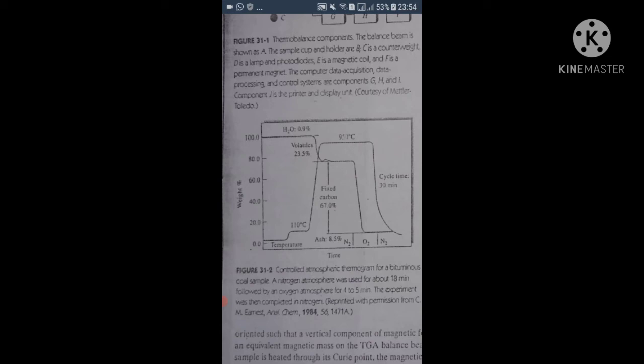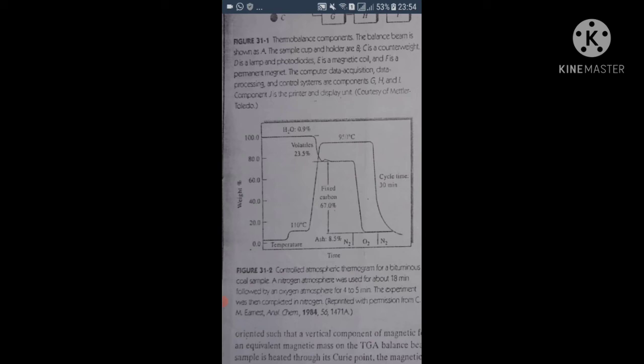Actually, when we measure the moisture and volatile content, we do not want to ignite the sample. That's why we provide a non-ignitable atmosphere to the sample by supplying nitrogen. But in the second half, we will ignite the sample.